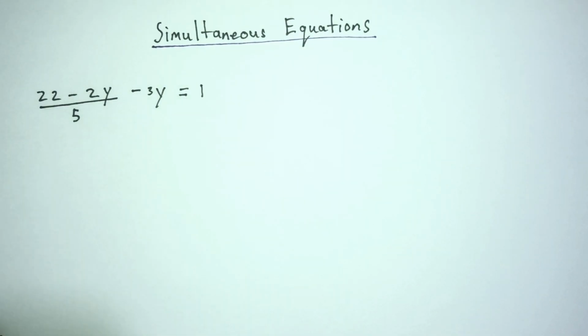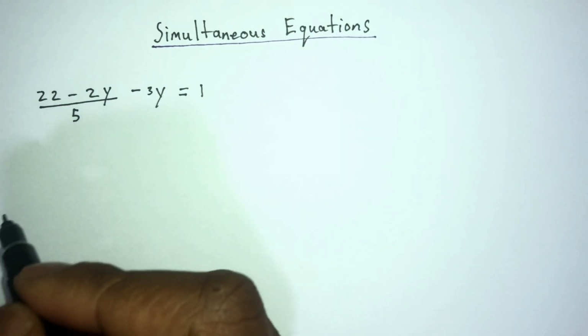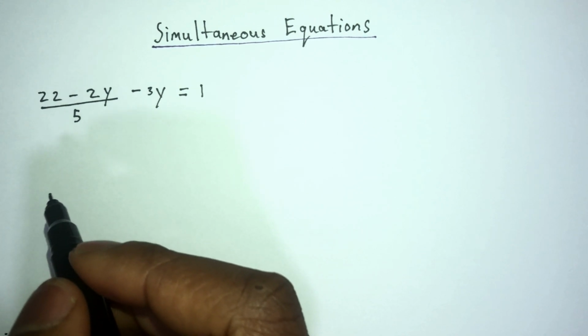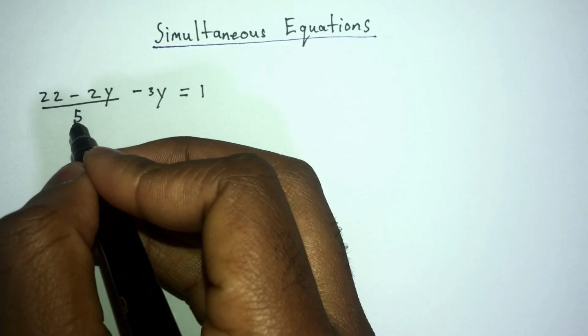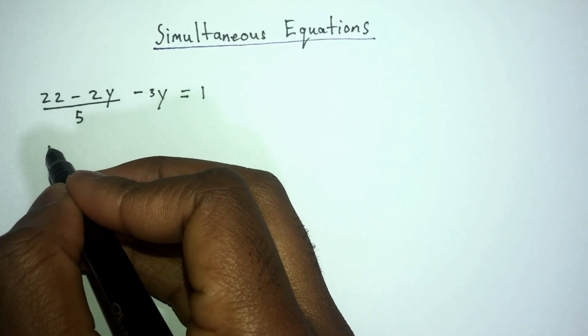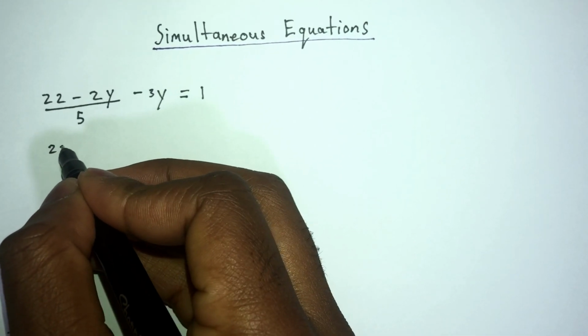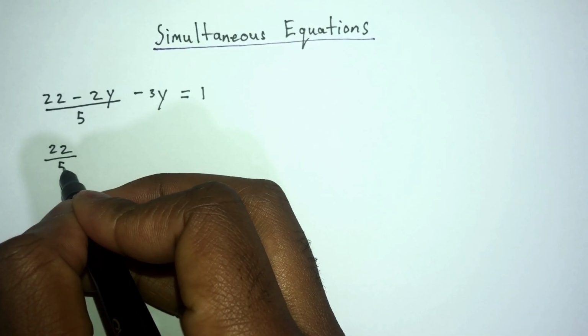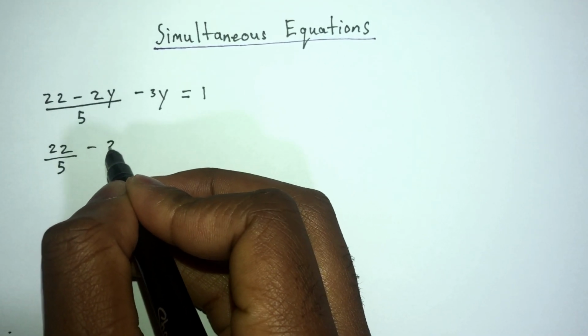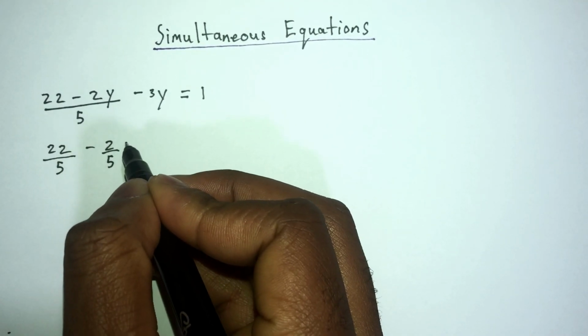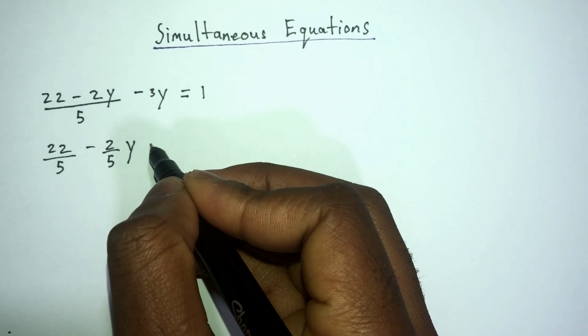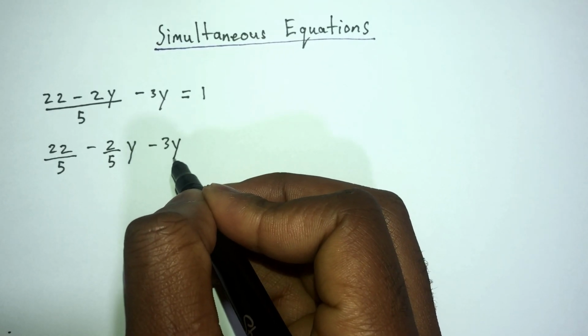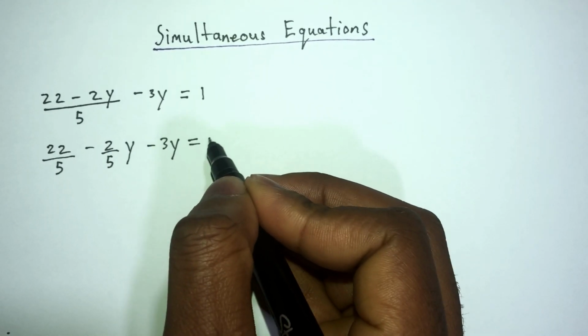Now we're going to simplify this equation further. So 22 minus 2y over 5 can also be written as 22 over 5 minus 2 over 5 y minus 3y equals 1.